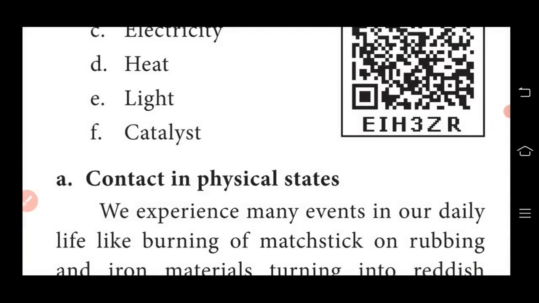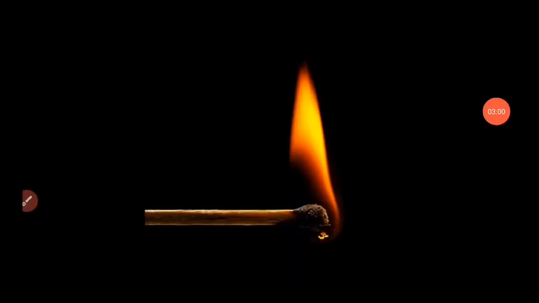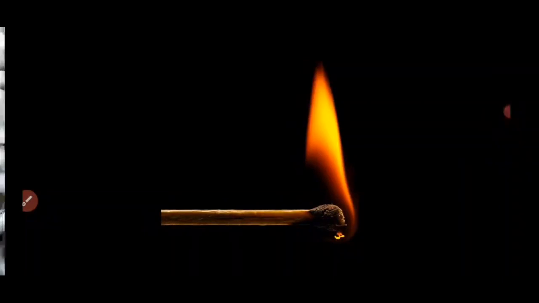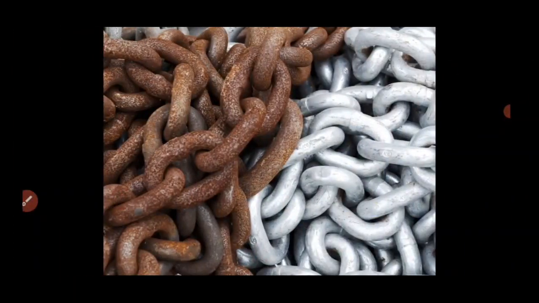Let us move on to our first condition, contact in physical states. Students, we experience many events in our daily life, like burning a matchstick on rubbing and iron materials turning reddish brown. So why and how these changes happen is the question.